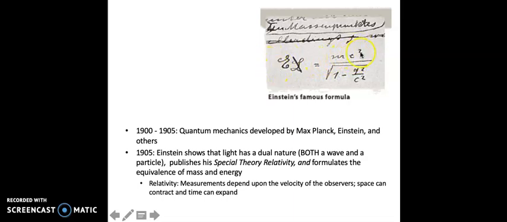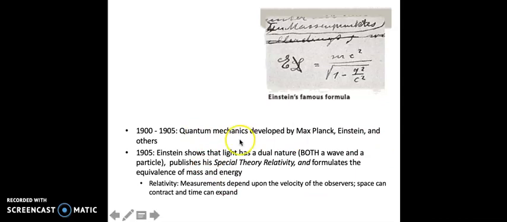Energy equals mass times the speed of light squared. So between 1900 and 1905, look at this waterfall of paradigm shifting investigation of the physical structures of the universe. You get quantum mechanics upending Newtonian physics.